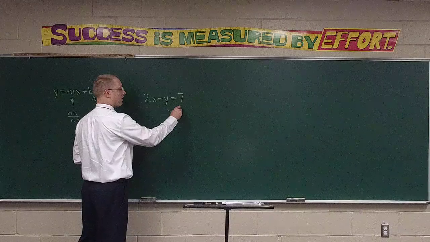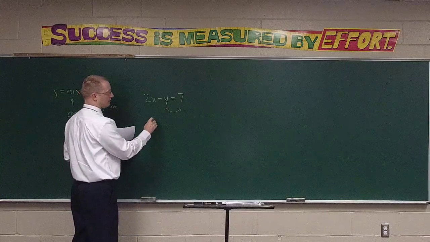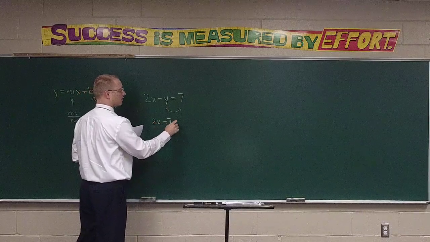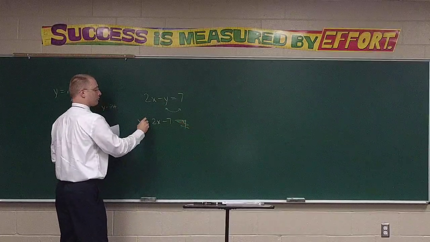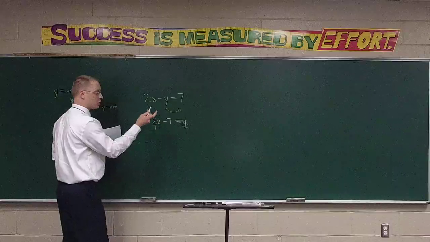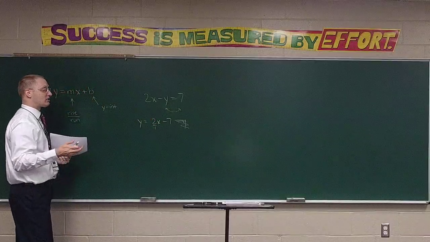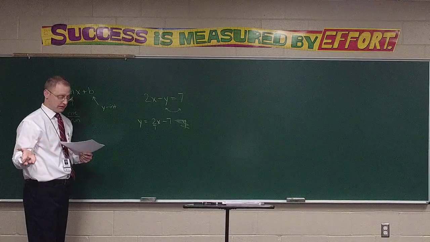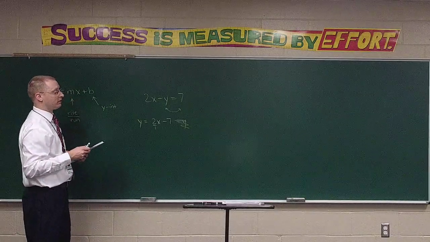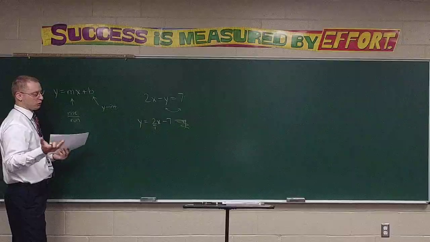We could do a double swap, and we could either say equals y, or y equals. It really doesn't matter. I could also put the 2 over 1, so that I can see, class, that the y-intercept is negative 7, and the slope is 2, or 2 over 1.